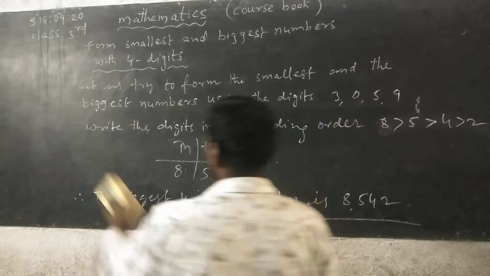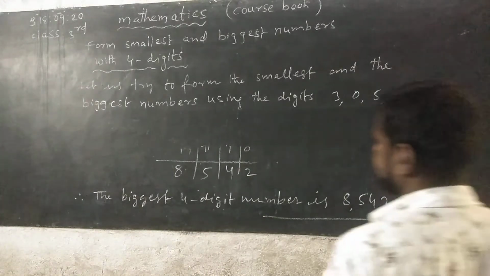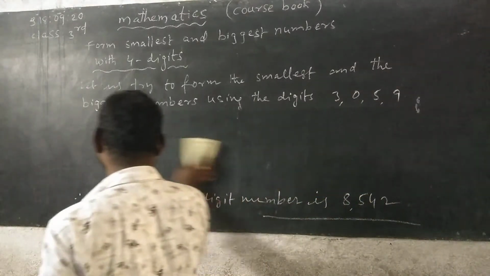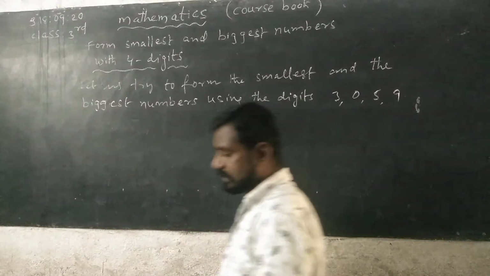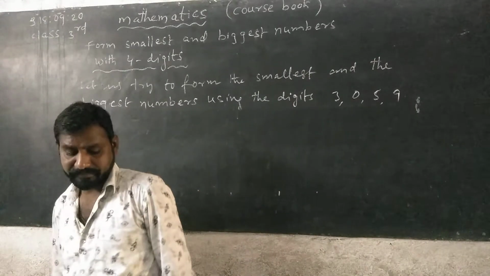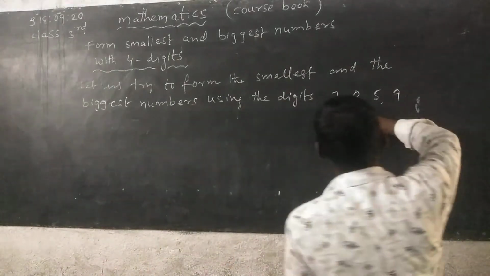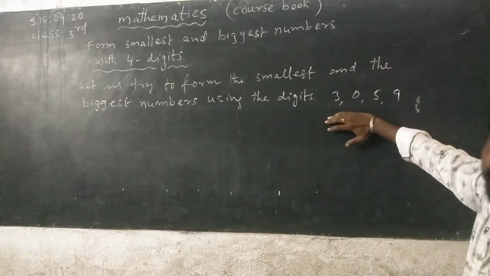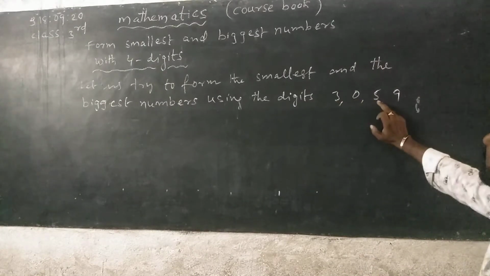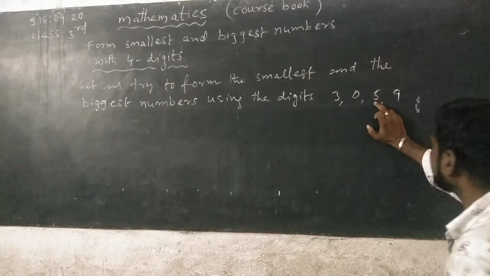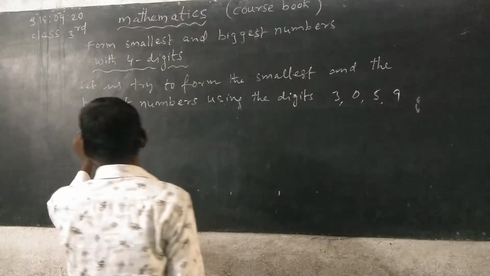See, listen carefully. So you can write the smallest 4-digit number by using the given digits 3, 0, 5, 9. First of all you write in ascending order.